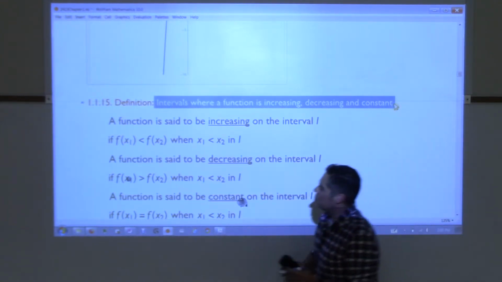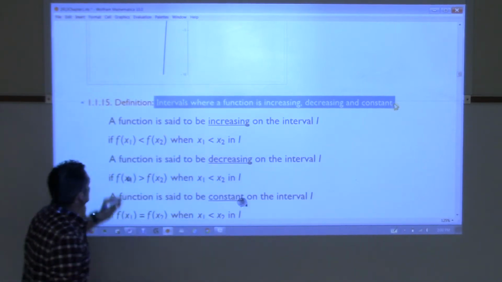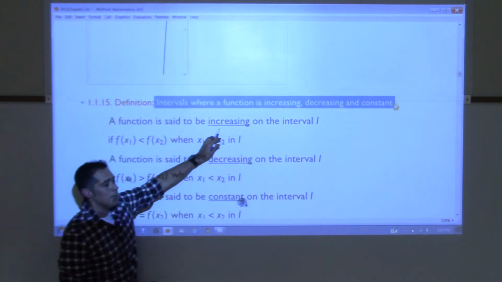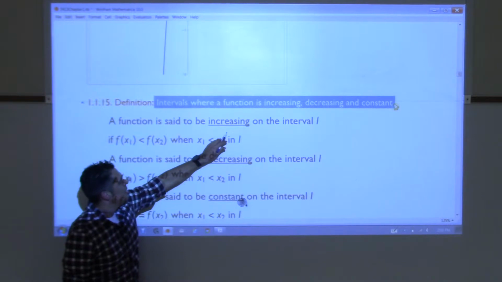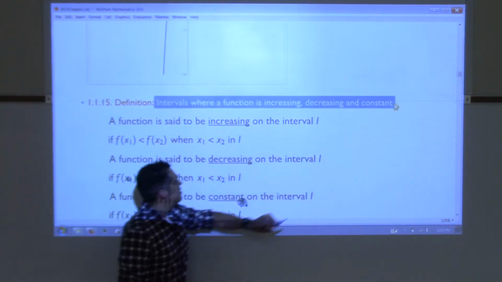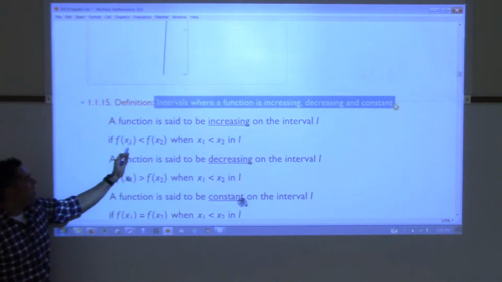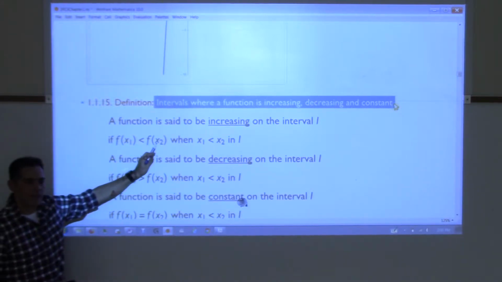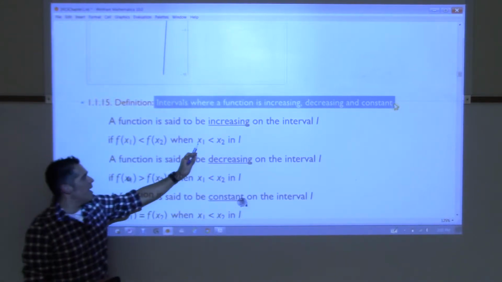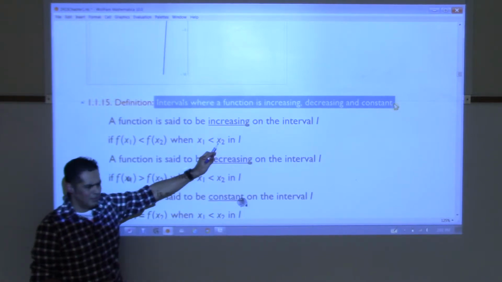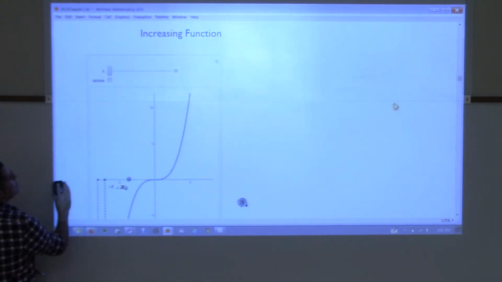So let's try and interpret that. This is weird. This is the actual definition of what it means for a function to be increasing on some interval I. It says, look, your function's height at x1 has to be smaller than your function's height at x2 whenever x1 is less than x2. What? Okay, so here's the picture.